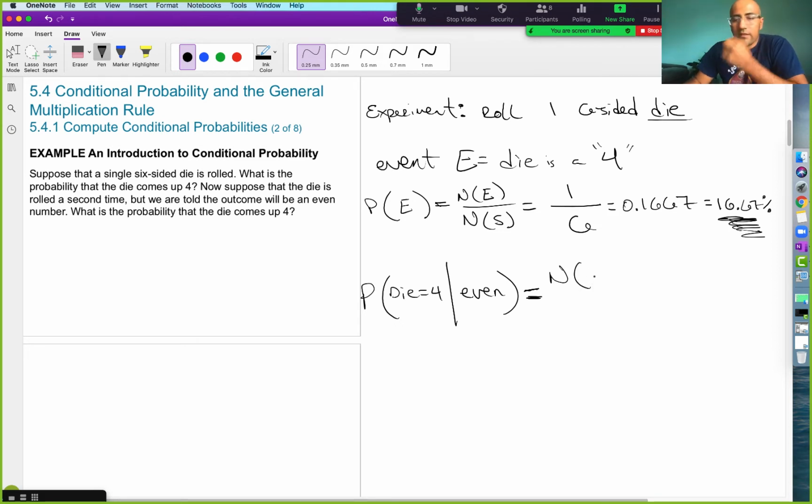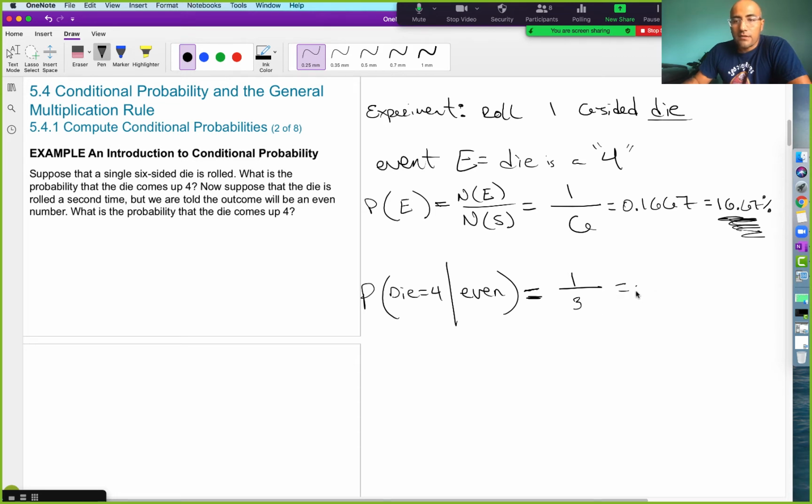Let's skip the notation for a second because we're going to think about that notation a bit more in a second. But there's only one way to win, right? Still, it's a 4. However, the denominator now changes because there aren't 6 possible outcomes. Since I've put in a trick die, I know for sure it could only be a 2, a 4, or a 6. So this turns into 1/3.